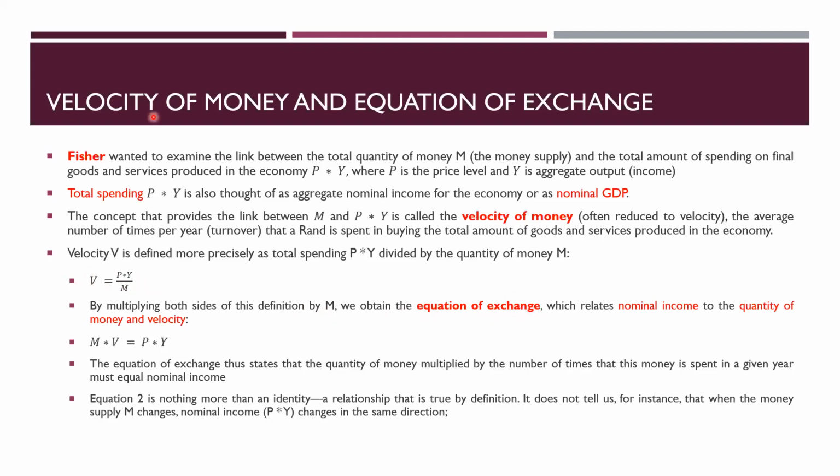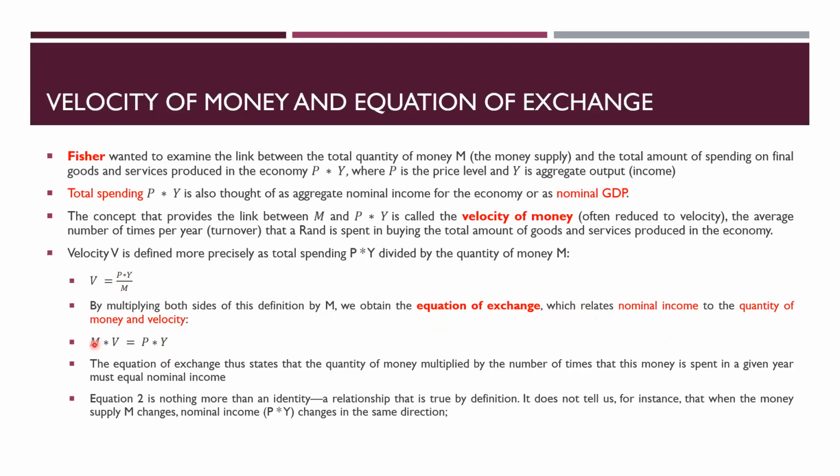So from this velocity of money computation, when we cross multiply by M, we come up with the equation of exchange. This equation of exchange simply relates nominal income. What is our nominal income? It is PY, to the quantity of money and velocity.